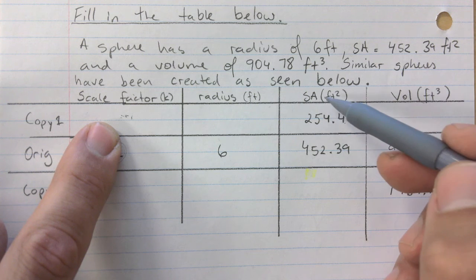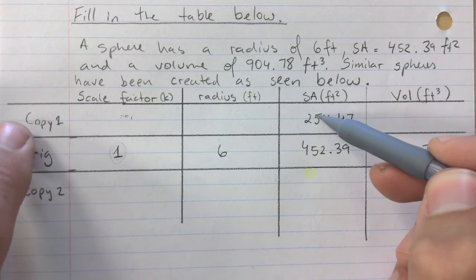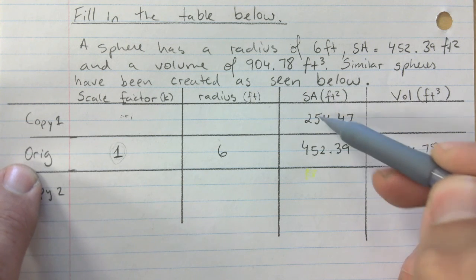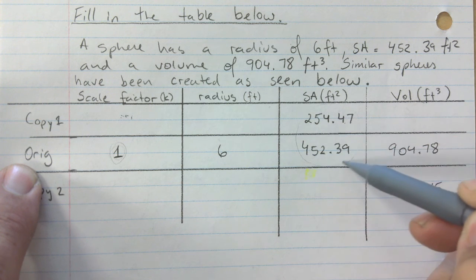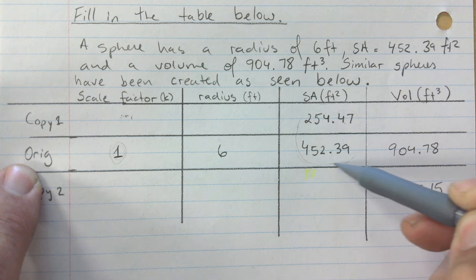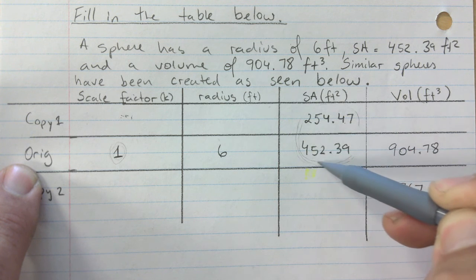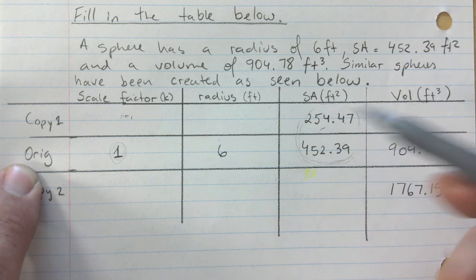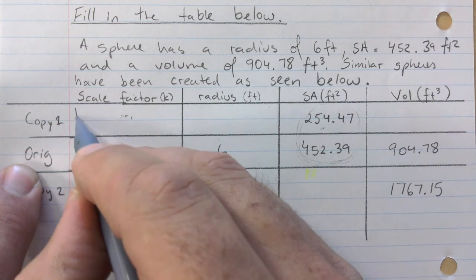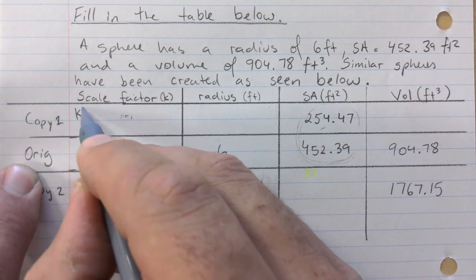And watch this. Between copy 1 and the original, we know both of the surface areas. You see that? So surface areas affect the scale factor by k squared. Okay, so I'm going to do this here. And it's going to be a little tight perhaps.